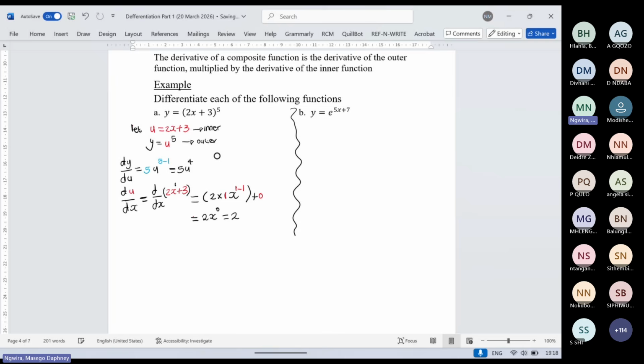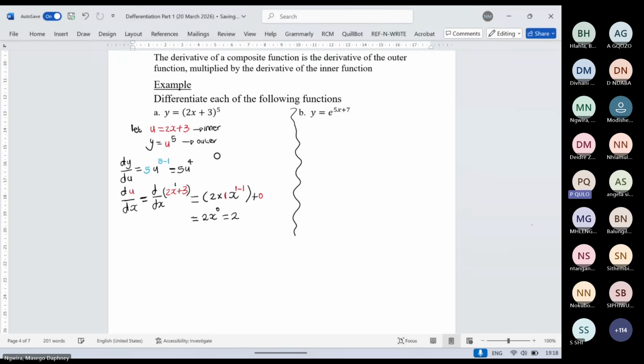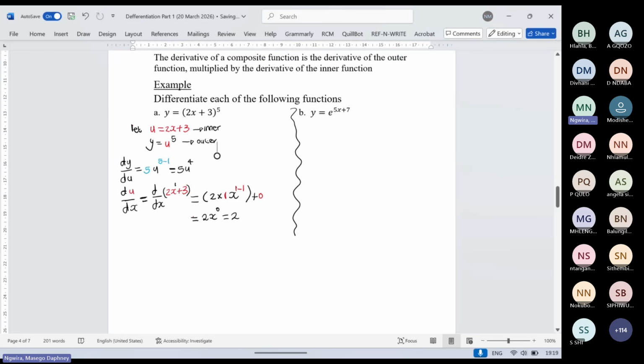And then now, the chain rule, I'm going to write the rule. Let me just write it here.